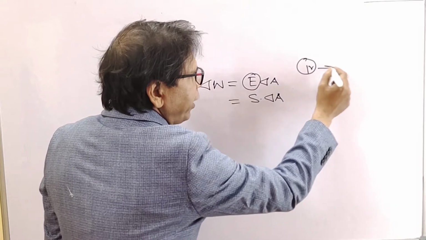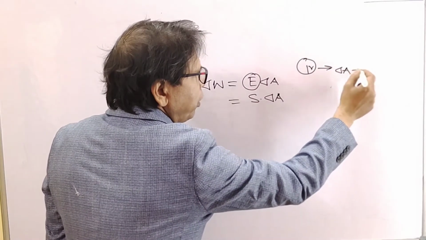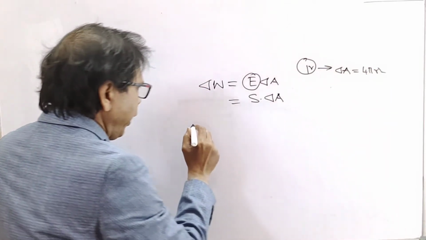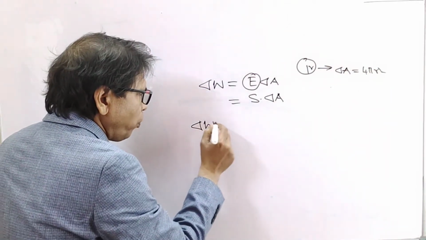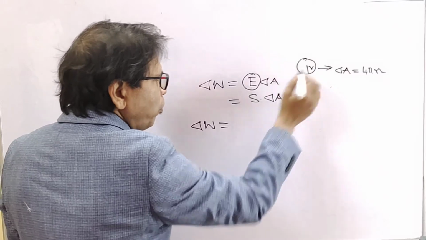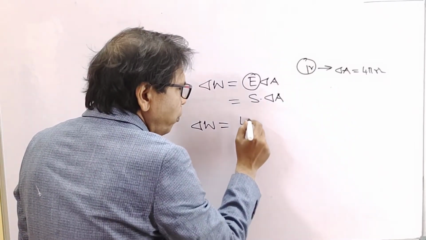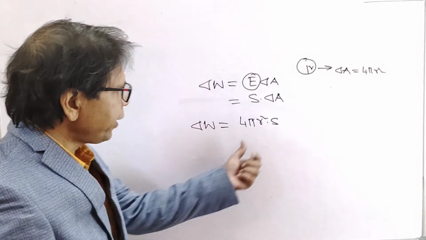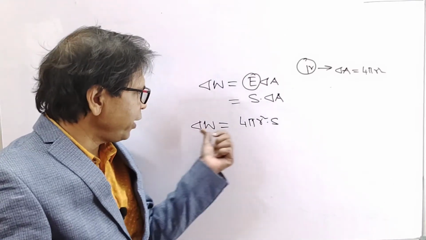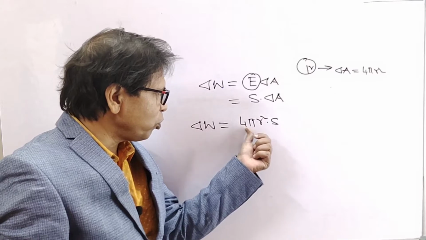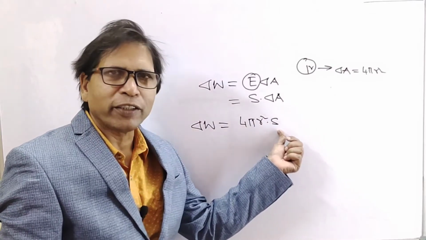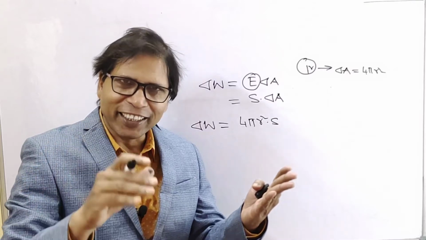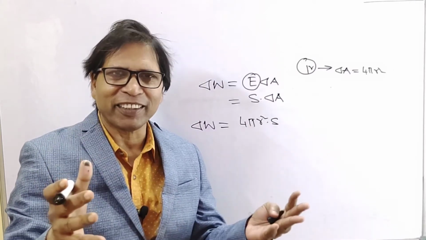This is 4 pi r square. Therefore the amount of work done to form a bubble of radius r is 4 pi r square into S. In case of a soap bubble, this work done is equal to 4 pi r square into 2S because a soap bubble has two surfaces, inner surface and outer surface.